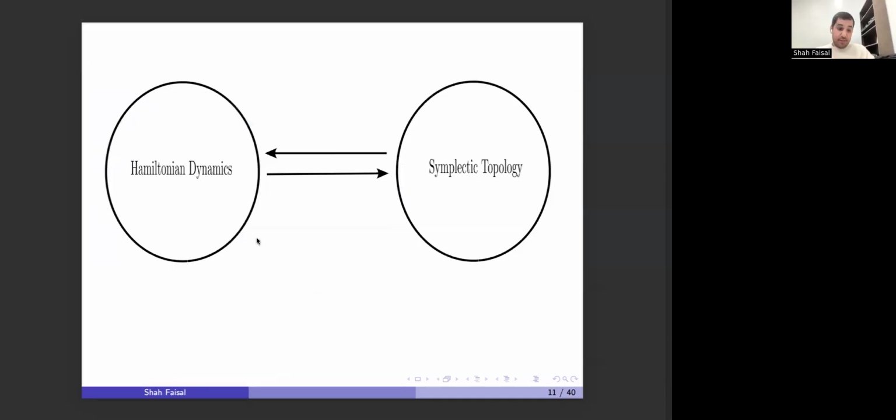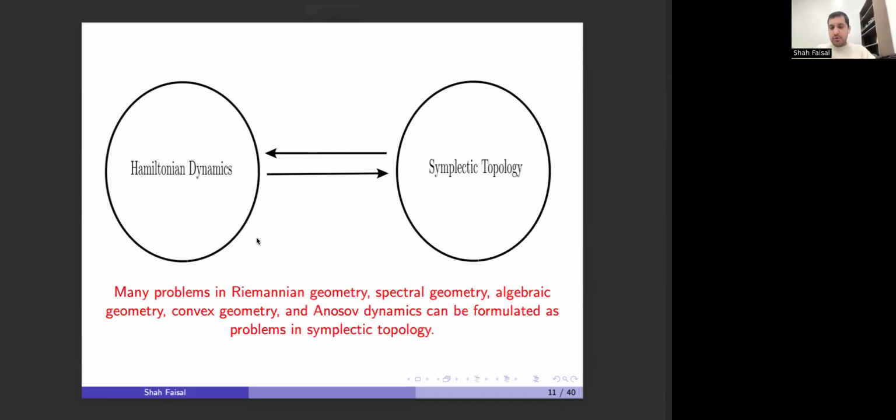This was the initial motivation for symplectic topology, but now methods from symplectic topology can be applied to Riemannian geometry, spectral geometry and other related areas.